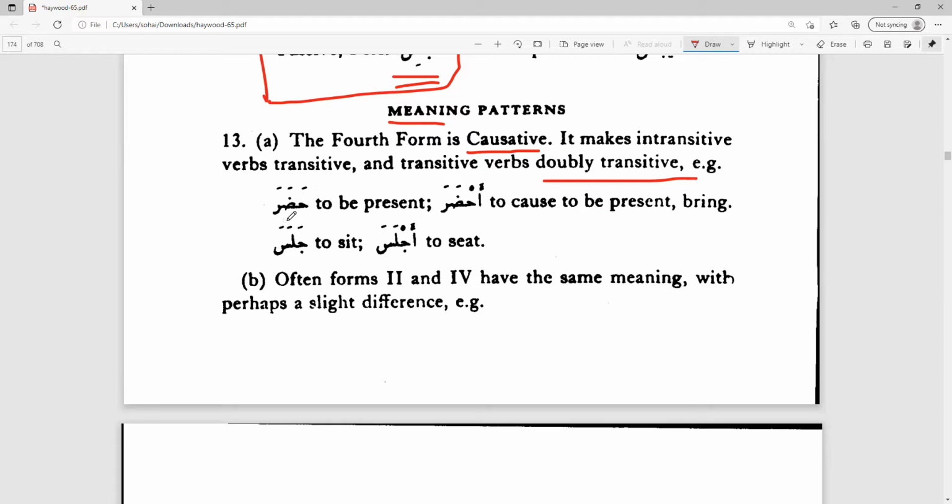So there's one object. Then ahdara, if you put it on this scale, becomes to cause to be present, so it becomes causative. You are bringing people to be present, and it may require 2 objects. When you say to cause to be present, we normally say bring, not just people, other things as well.